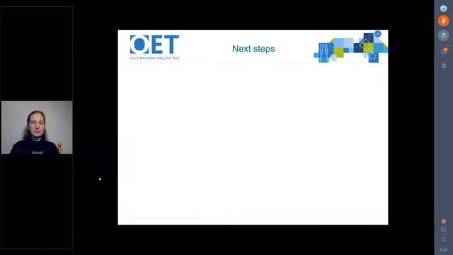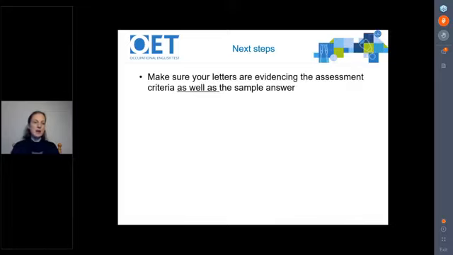What I would say is sample answers that are provided by OET are just one way to write the letter for the case notes. So those of you who've answered that your letter was quite similar or quite different could still have written a good letter, provided you've still evidenced all of the assessment criteria equally well.